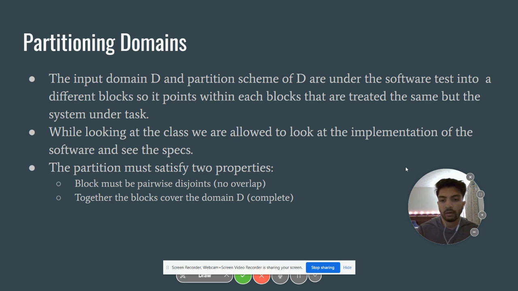When we look at all these classes, we're also allowed to look at the implementation of the software and the specifications of each block. The partition must satisfy both of these properties: blocks must be pairwise disjoint, which means there should not be overlapping between these blocks, and together the blocks must cover the domain D.